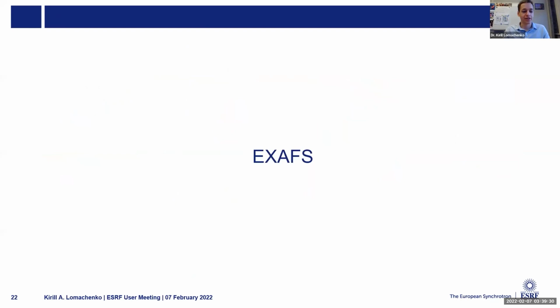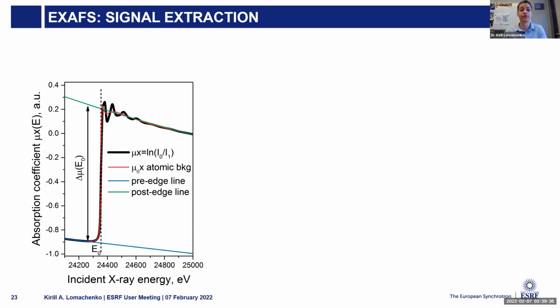Then let's discuss a little bit about the EXAFS, extended X-ray absorption fine structure. But before analyzing the EXAFS, first we need to extract it. The XANES is pretty straightforward. With EXAFS, you need to do a little bit more to get this nice EXAFS oscillation. So you need first to normalize the data.